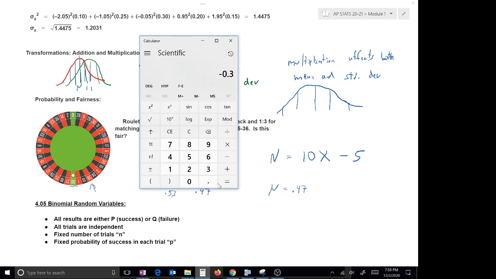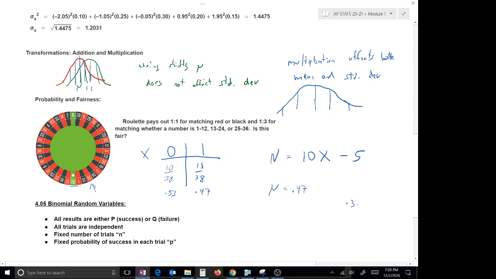That means on average we are losing 30 cents for each time that we roll.